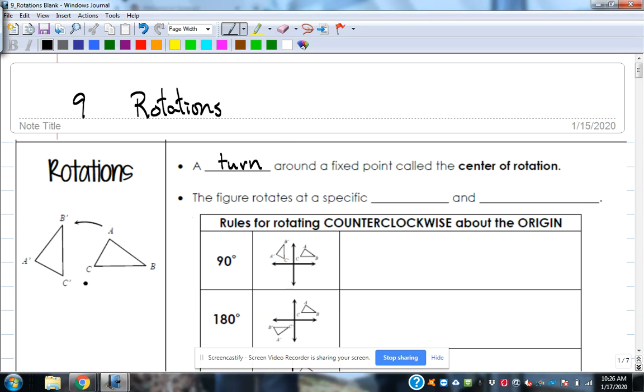We're going to do counterclockwise around the origin, where we're going to center all of our different rotations. The figure rotates a specific angle and direction, and we're going to talk about counterclockwise rotations.